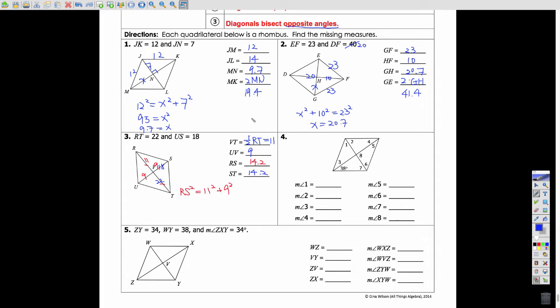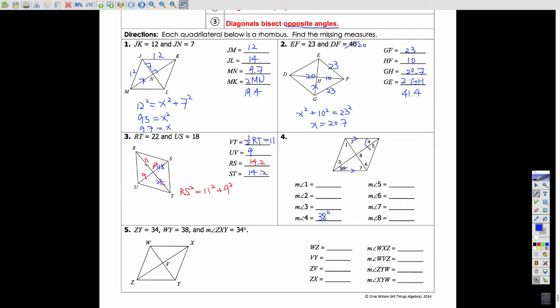So for problem number 4, the only thing I'm given is that this angle is 38. Notice if this angle is 38 degrees, angle 4 must be congruent because they are alternate interiors. And that's because for a rhombus, just like parallelograms, their opposite sides are parallel, right?